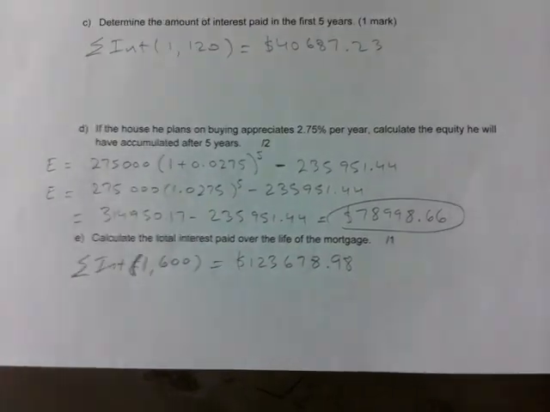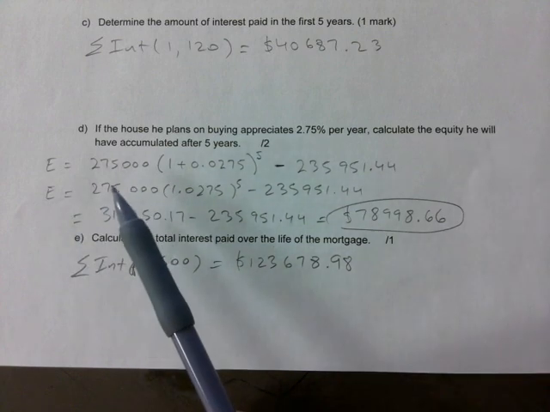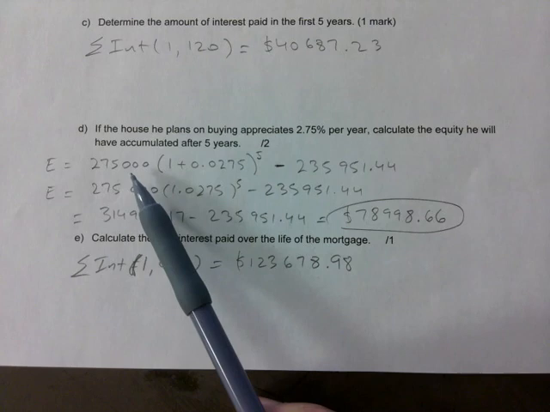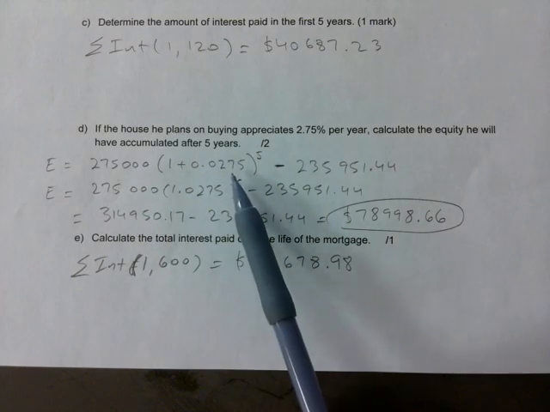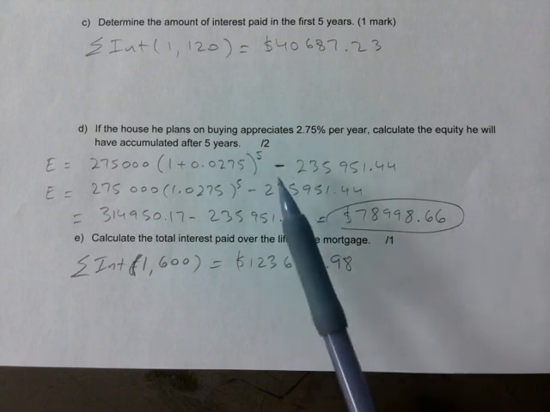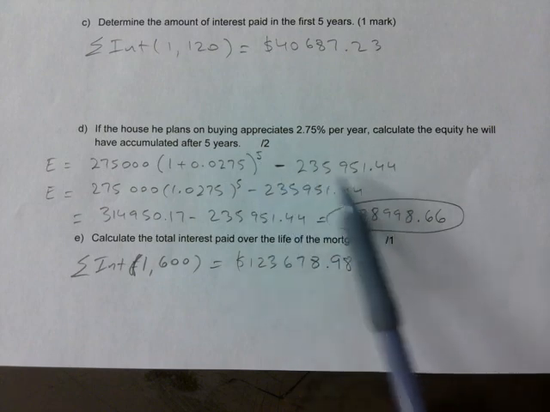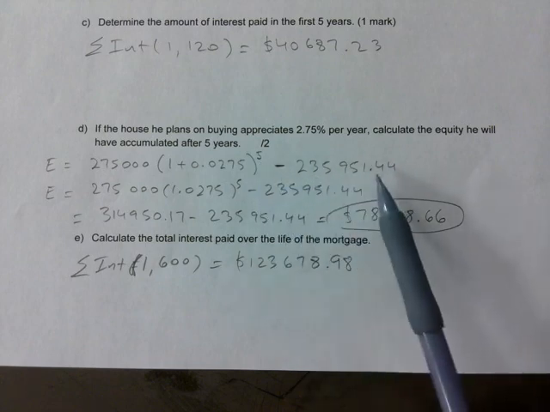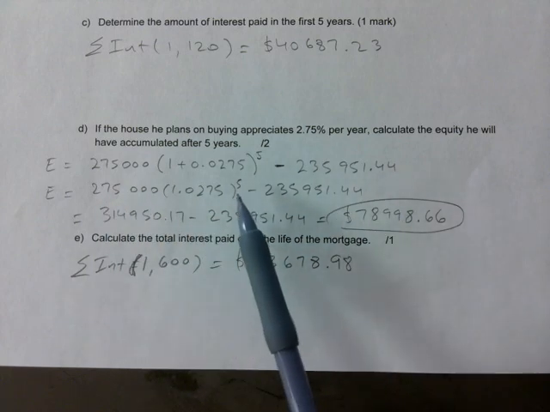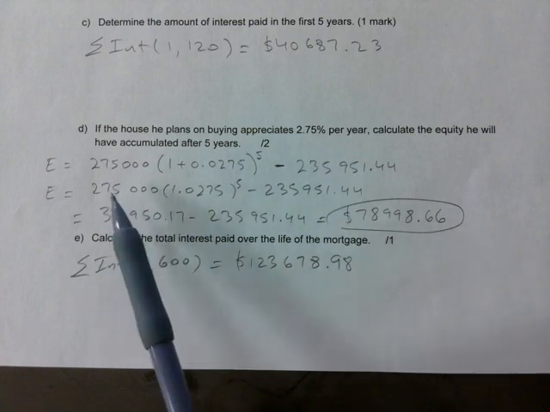And equity. I hope you got a chance to practice this. So it's 275, right? And we're going up by 2.75%. So I go 1 plus to the power of 5 minus, I already know how much I owe in 5 years. I've already done that. So I just clean this up a little bit. I think what I need to warn you here is, don't rush.